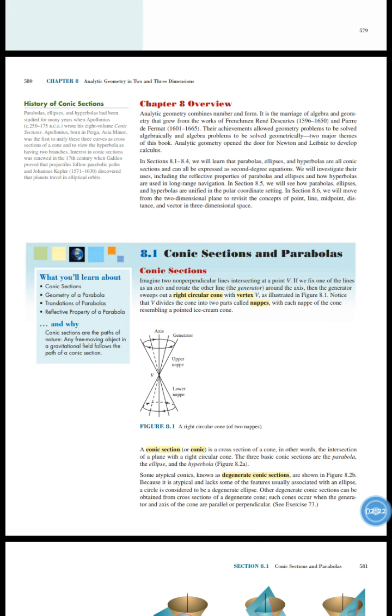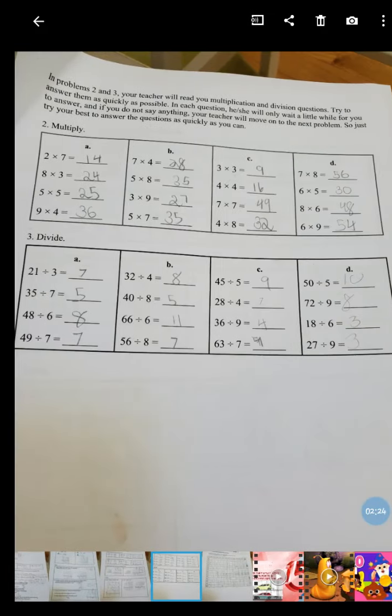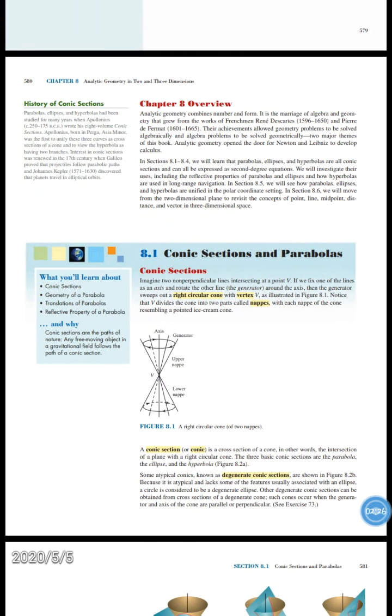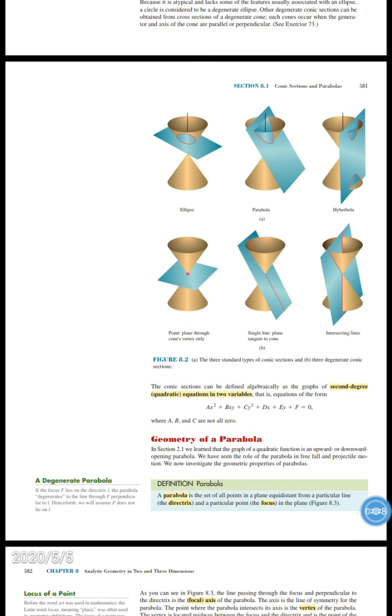Okay, so let's look at how the conic sections look. Please look at the picture on page 581. If you make the plane cross the upper or bottom of the cone slightly, then we can make an ellipse.